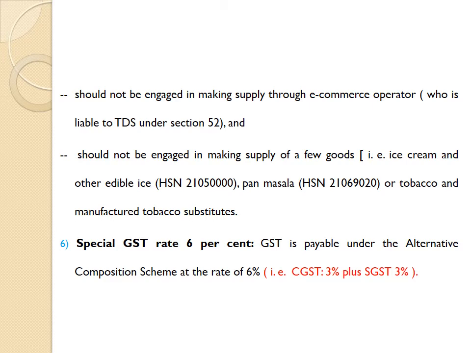Special GST rate of 6% under the alternative composition scheme. GST is payable under the alternative composition scheme at the rate of 6%, that is 3% central goods and services tax plus 3% state goods and services tax.